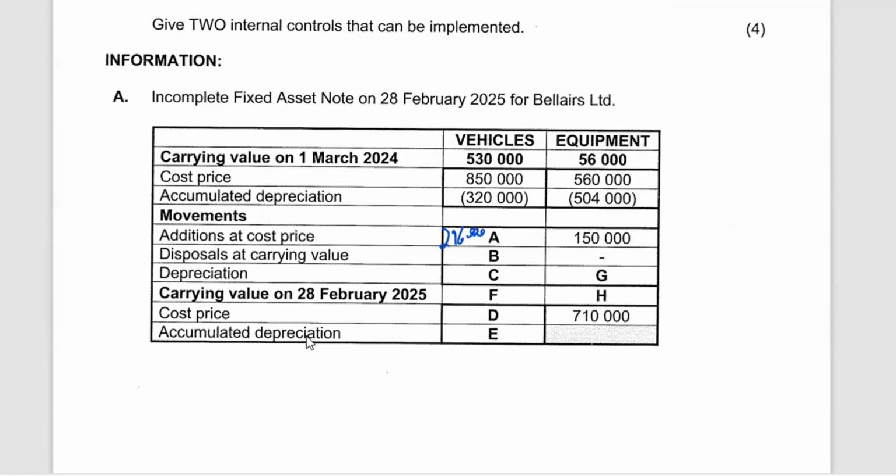So now we have our additions at cost, which is 216,000. So what we need to calculate now is our cost price of the asset that was disposed. So now, how are we going to calculate the cost price of our asset that was disposed?